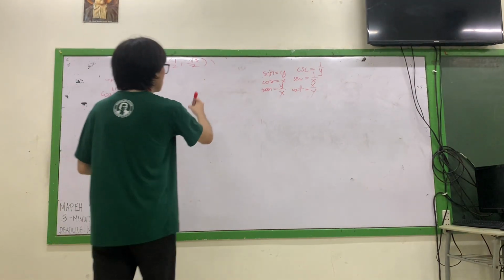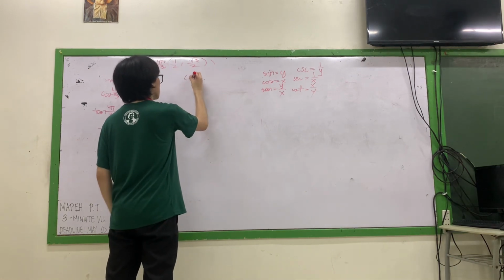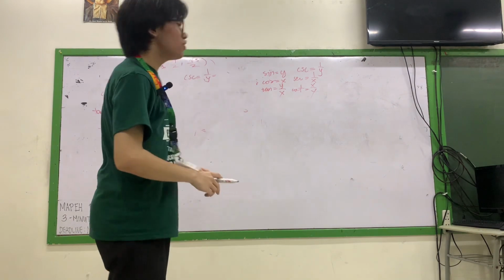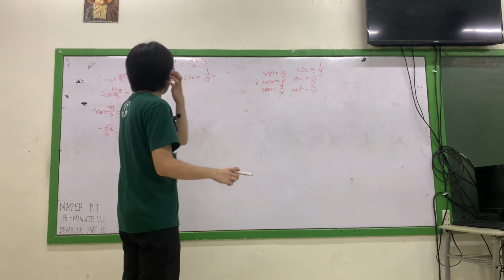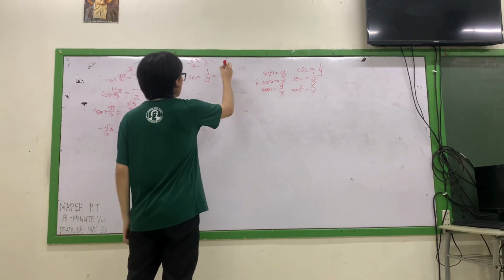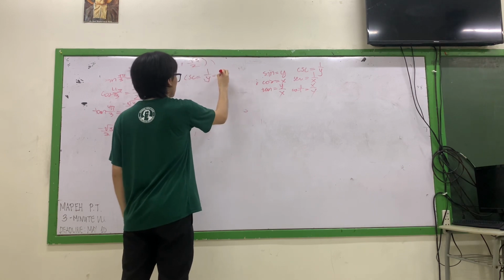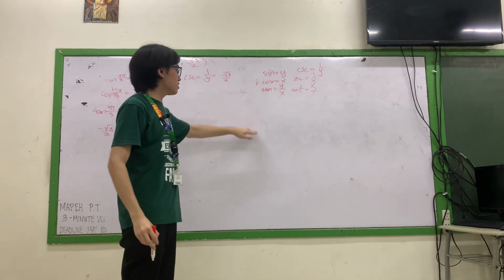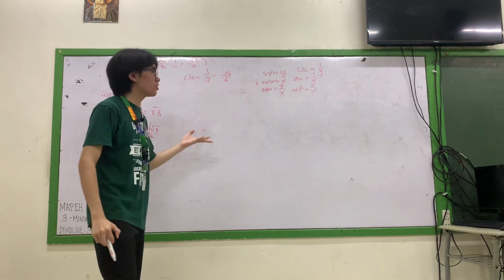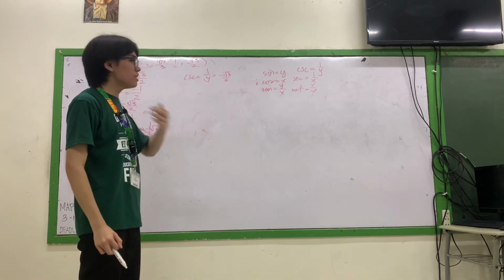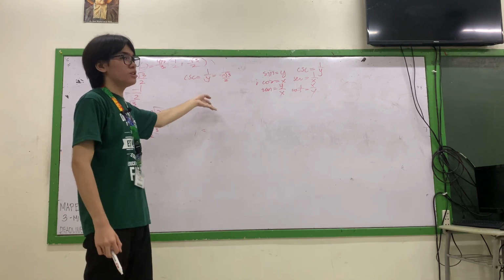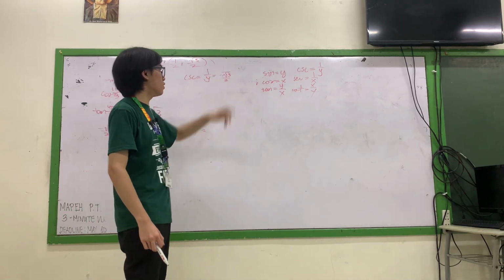Now we have cosecant, which is 1 over y. Since we know that cosecant is just 1 over y, we can substitute. So 1 over our y value is 1 over negative square root of 3 over 2. Because this is a division of fractions, we can simply copy the numerator and find the reciprocal of the denominator, since it would be easier than cross-multiplying because we have a whole number.